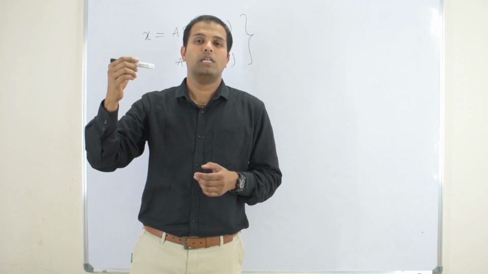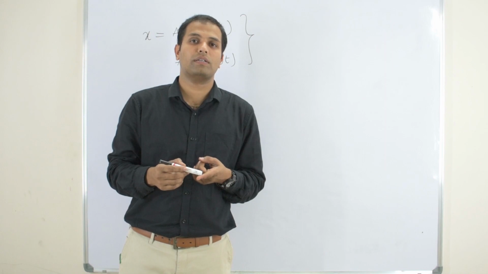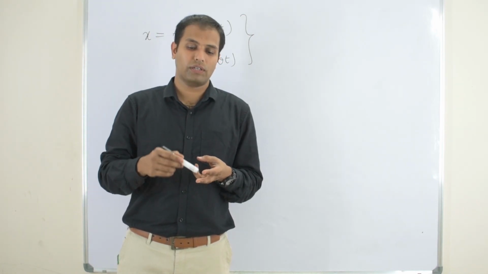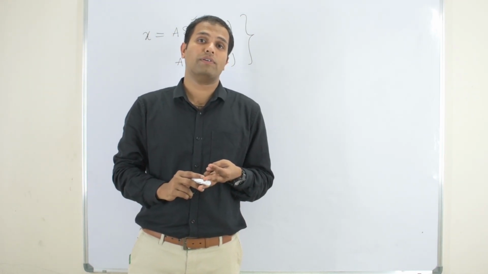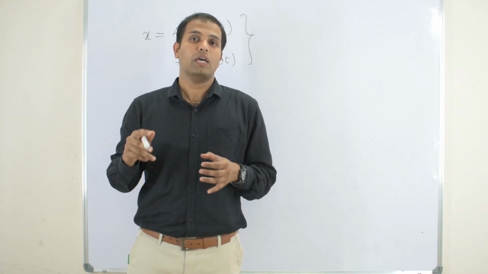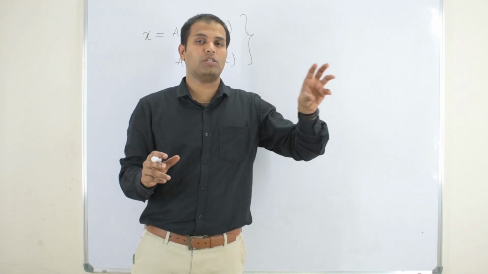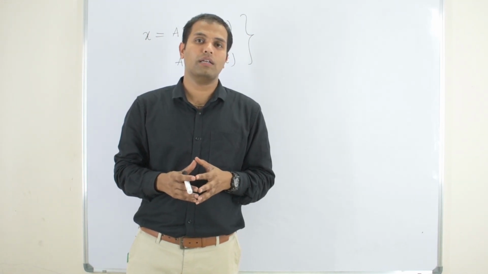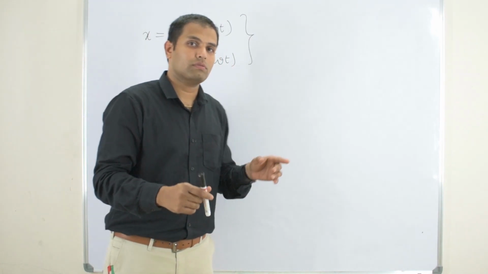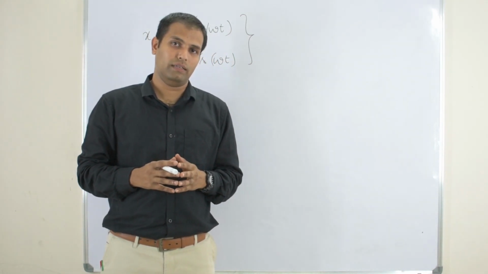Now you list out all the mathematical functions. You have trigonometric functions, logarithmic functions, exponential functions, algebraic functions. Out of all these functions, which mathematical function matches your theoretical definition? Only these two functions, sine and cosine.